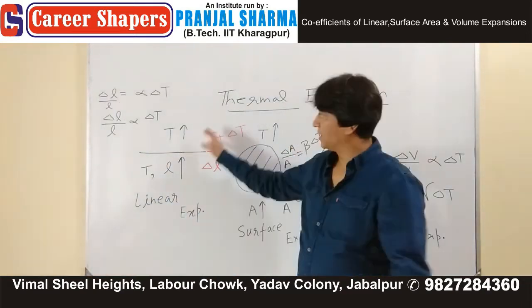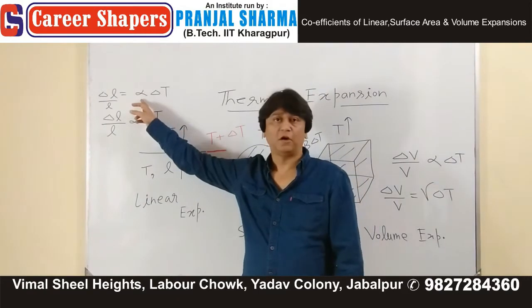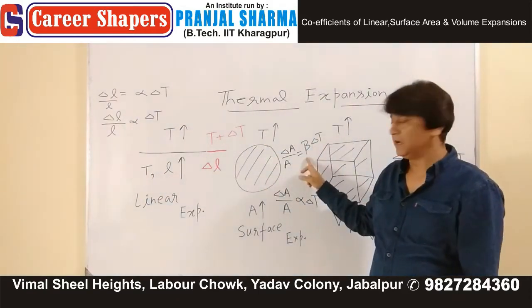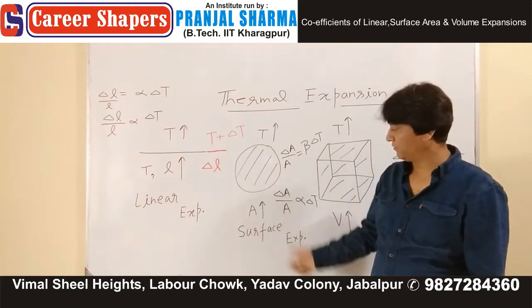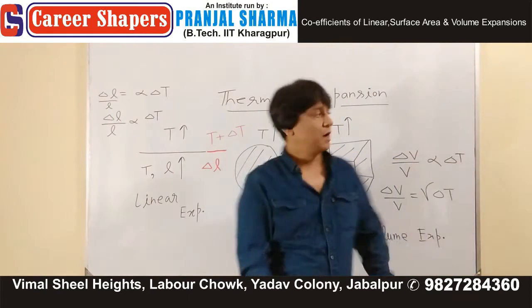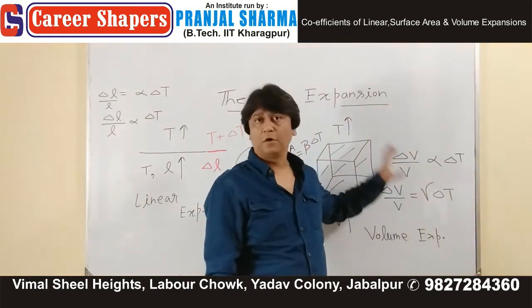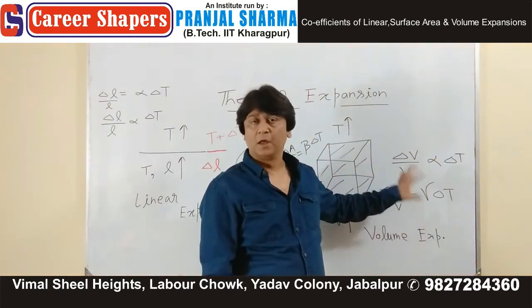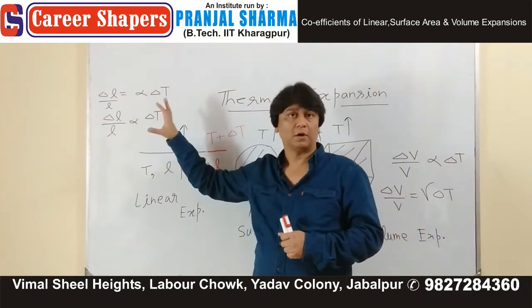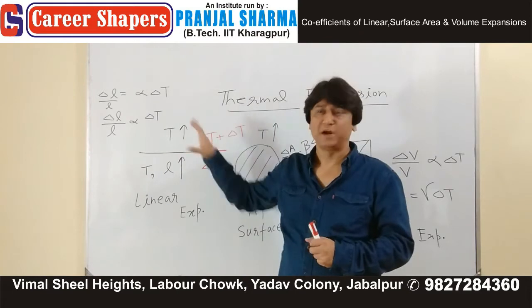This alpha is the coefficient of linear expansion, beta is the coefficient of surface expansion and gamma is the coefficient of volume expansion. These are constants for a given type of material.